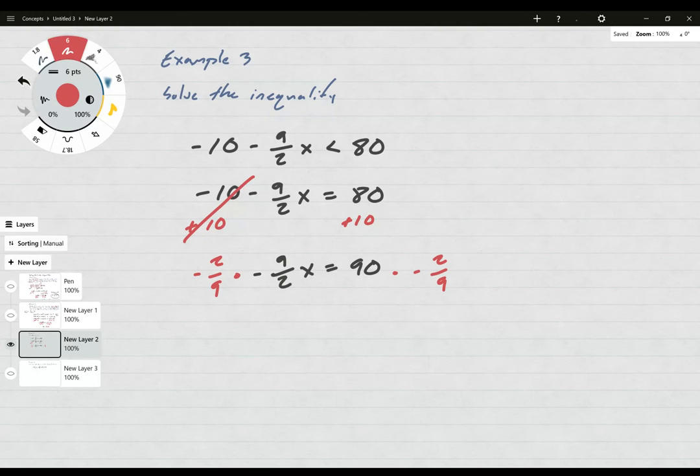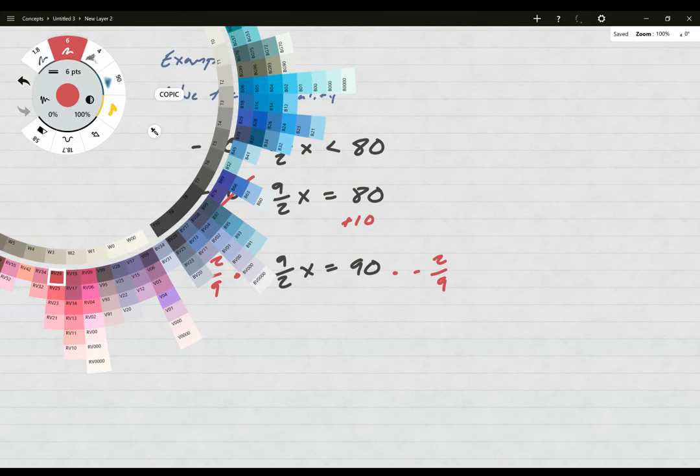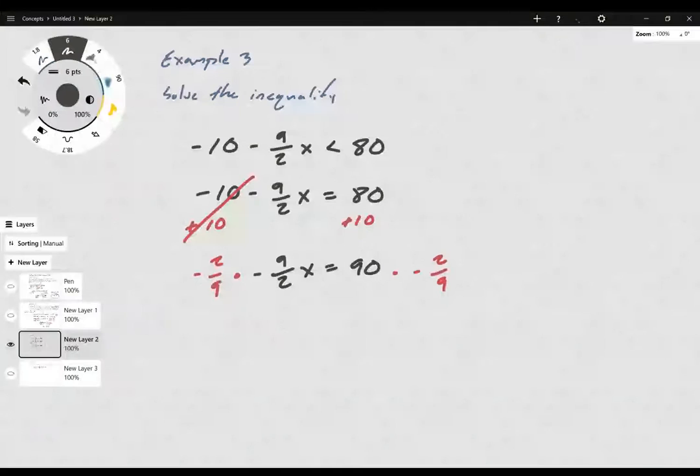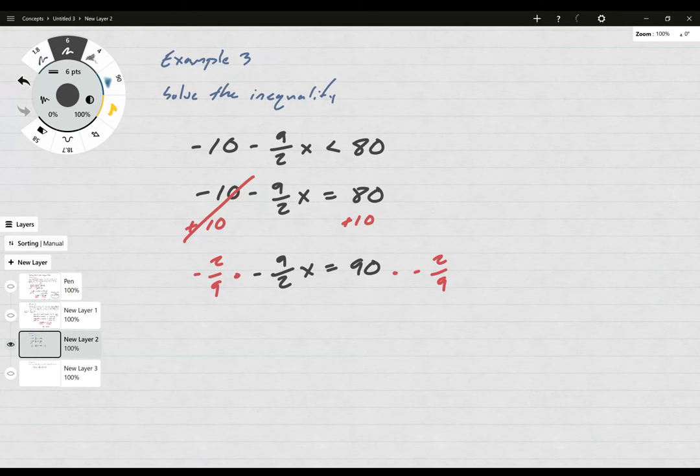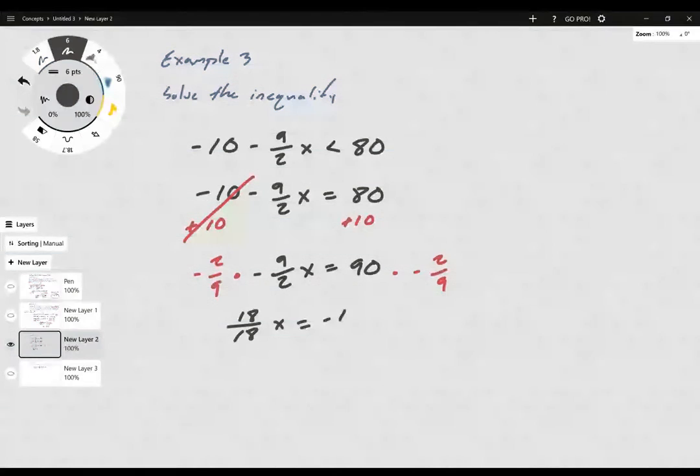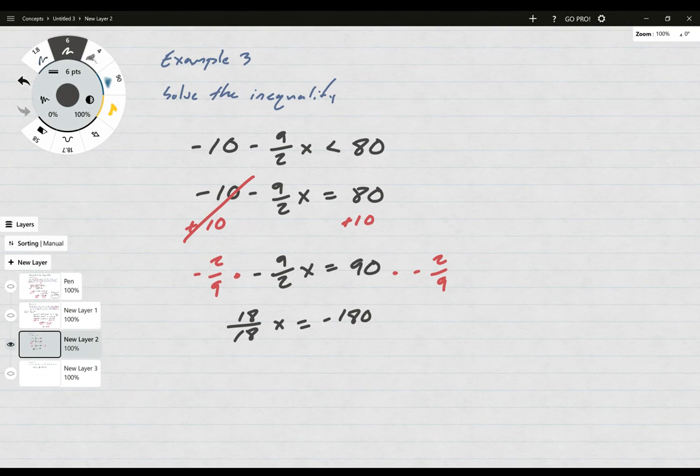Because negative multiplied by negative is positive, so 18 over 18 just equals 1. So that's why it cancels out. 90 multiplied by negative 2 is negative 180. And then this is just a 1 underneath it, so this is 9. We don't need the 18 over 18 because it equals 1, so all we're left with is just x.